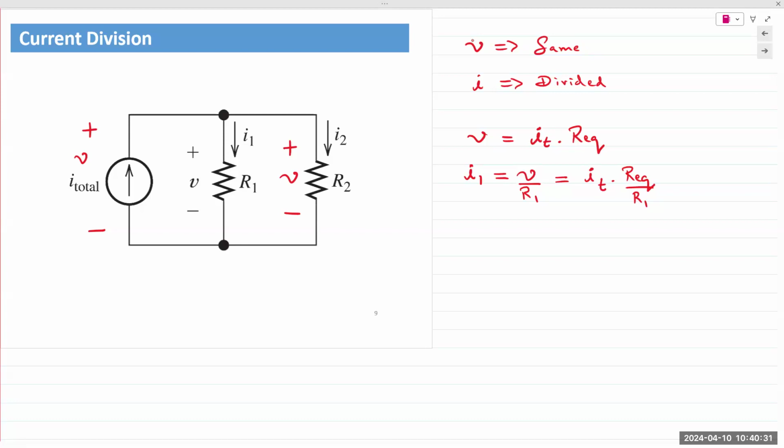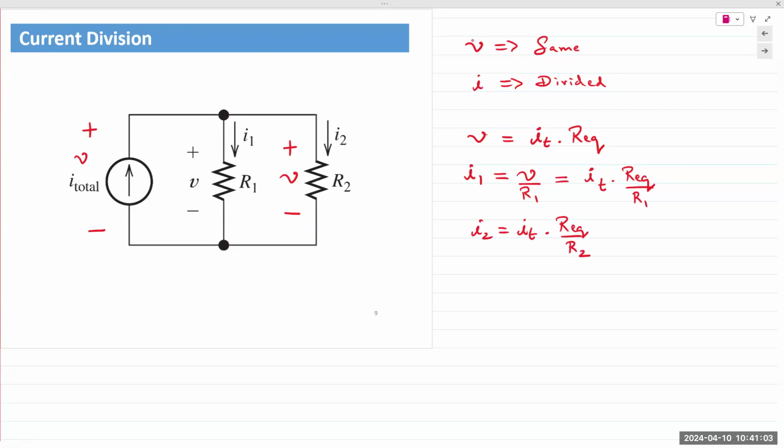So the ratio is flipped. Again, keep in mind, this is not a new analysis technique. It's a shortcut that is derived from Ohm's law. So similarly, I2 would be a fraction of IT. The fraction is given by Req over R2.